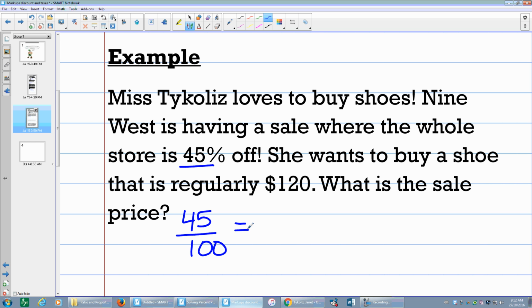And I can change that fraction into a decimal. I'll give you a moment to do that. And you should get 0.45. I'm then going to multiply that by the amount that the shoes cost, so times $120.